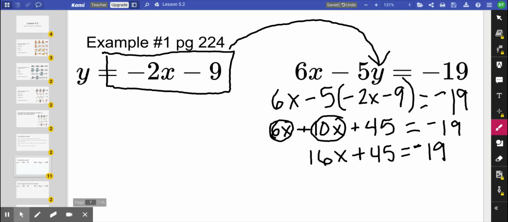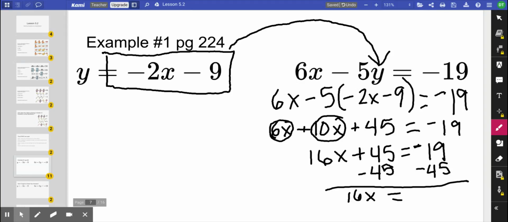So I can use the subtraction property of equality, minus 45 from both sides. And that leaves me with still 16x on the left side. And my right side is, let's see, 19 plus 45 is 64. So negative 64 on the right side.